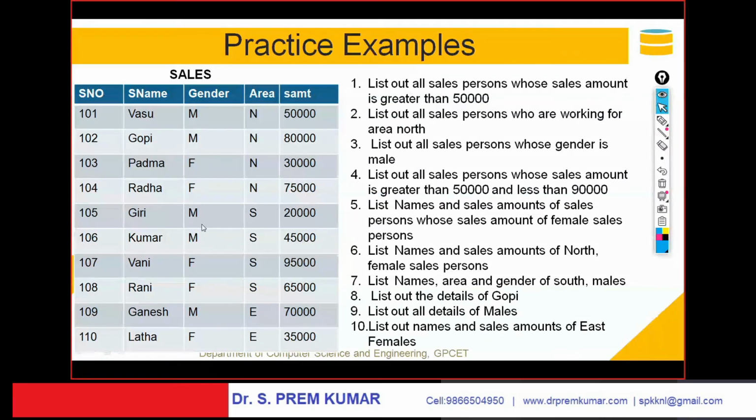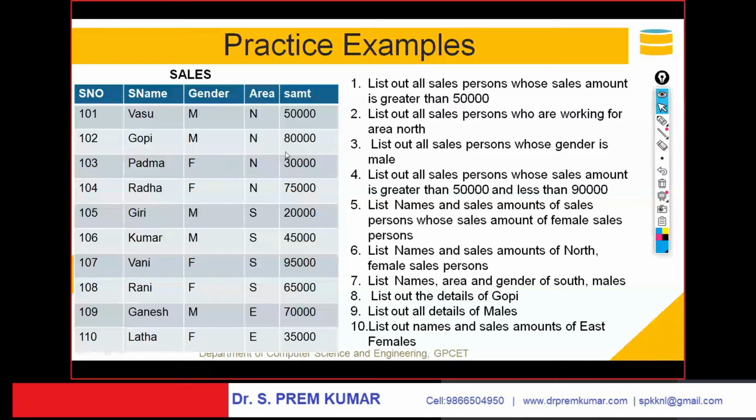Giri, male, south, 20,000. Kumar, male, south, 45,000. Vani, female, south, 95,000. Rani, female, south, 65,000. Ganesh, male, east, 70,000. And Lata, female, east, 35,000. These are the sales amounts.